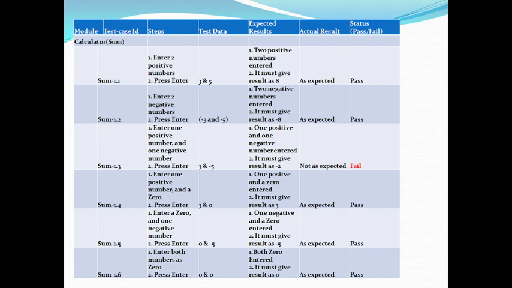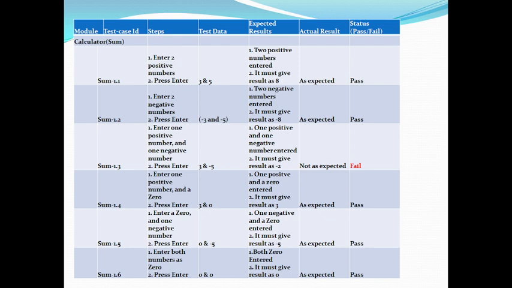And when we press enter, the respective second point in expected result is that it must give the result as 8. Okay. Now we will test this particular scenario or test case in the calculator. If the calculator also gives the output of 8, we can write that the result is as expected. Okay, and in the status we will write pass.